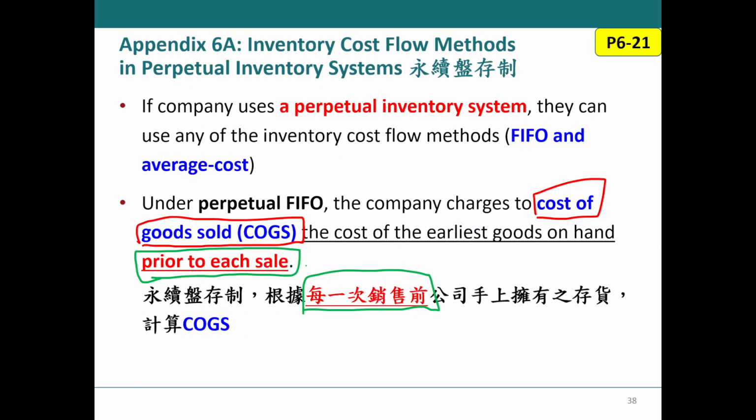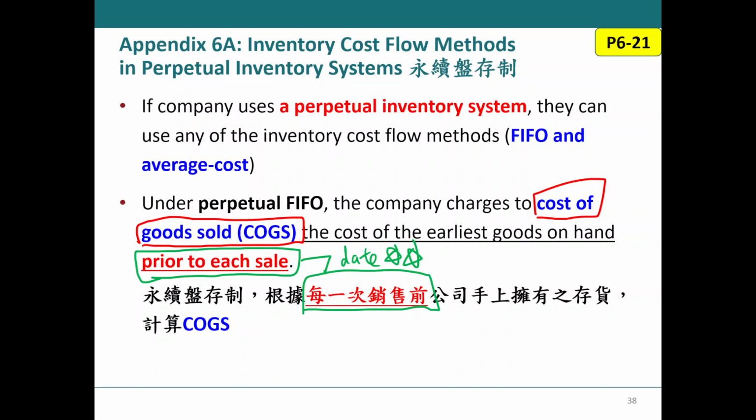So remember, when you are a hard worker, perpetual, date is very important. Okay? So before you sell your inventory, you should understand how many inventory you have, right?